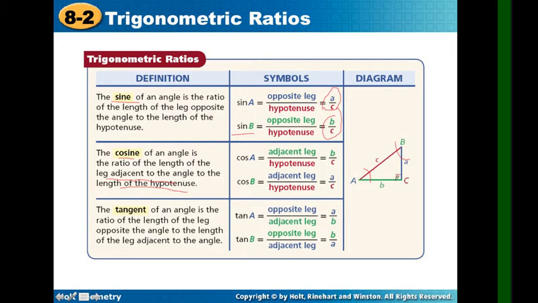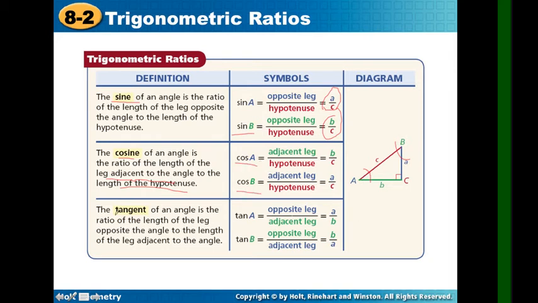Ito yung letter B. 'Di ba? Adjacent or parang nasa side niya. And then the hypotenuse is C. So, therefore, we have B over C. For the cosine B, yung side niya is A. Ito yan, A. And then yung hypotenuse niya is C. So, A over C. Okay, so that's cosine B and cosine A.